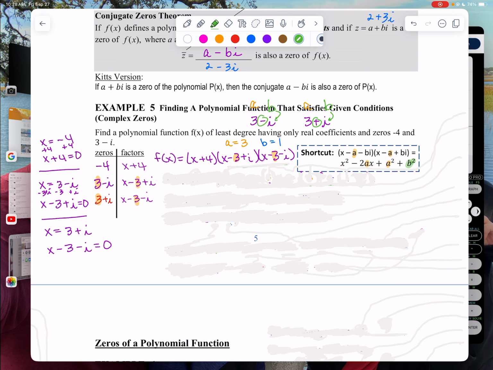So it doesn't matter if you plug in -1 or +1, you're going to get 1 squared.